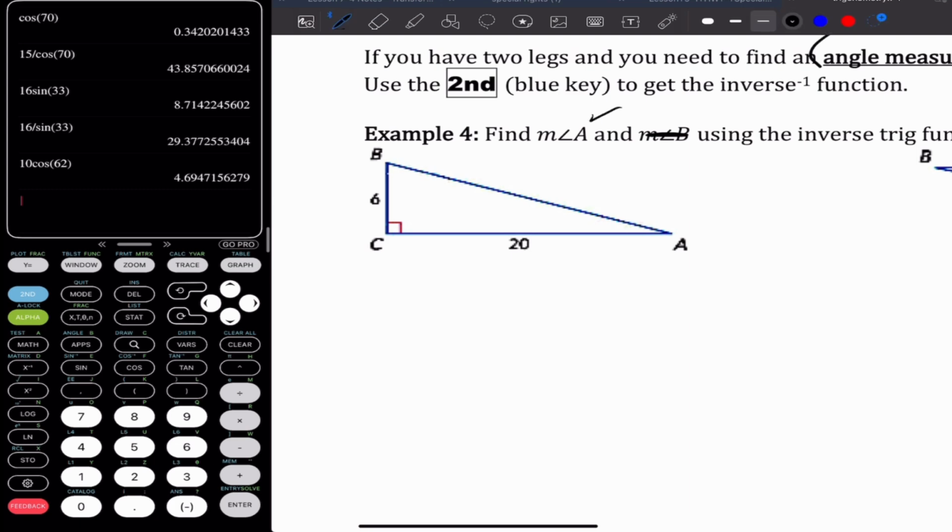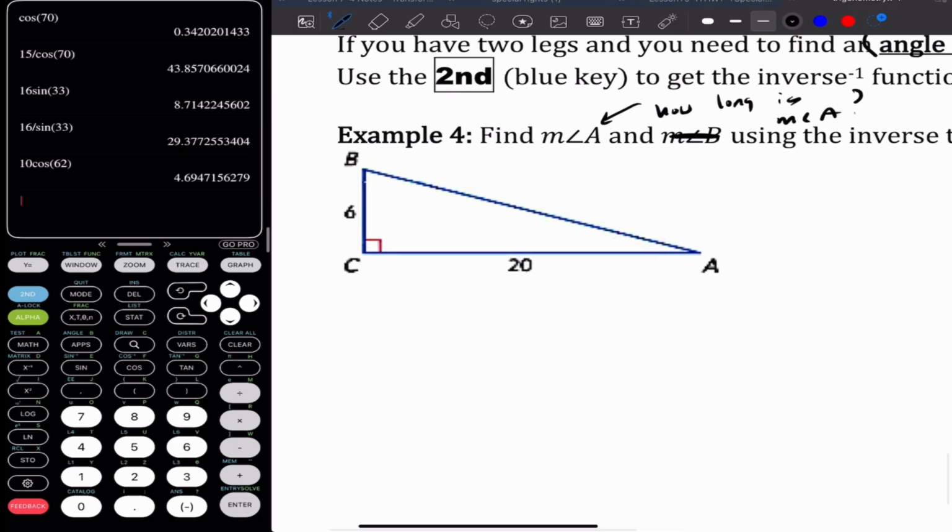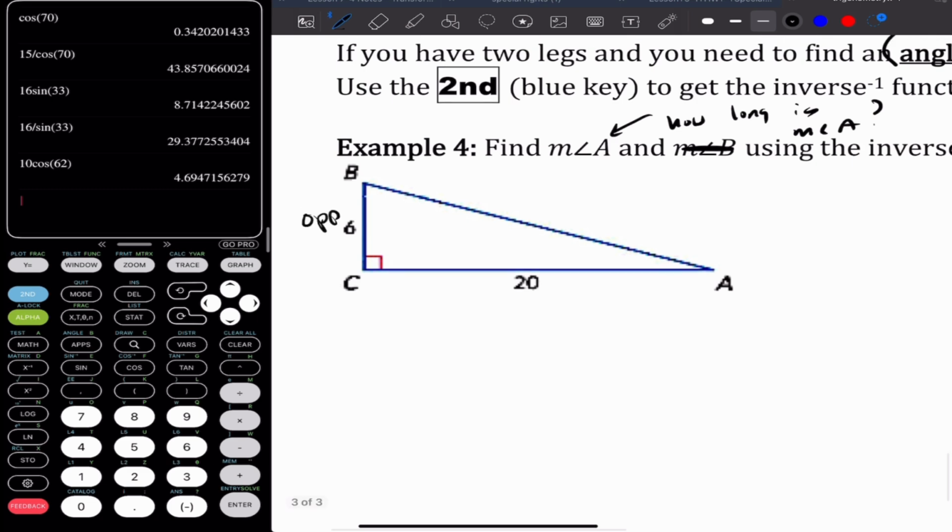So how large is the measure of angle A? Angle A being my angle of reference, I have to label my figure. I have opposite, this is the hypotenuse, and this is adjacent.